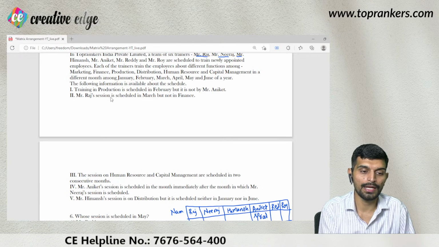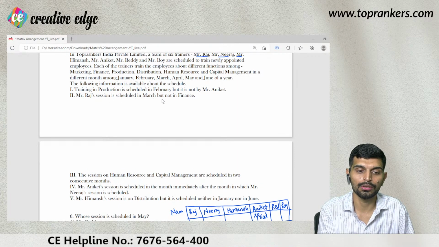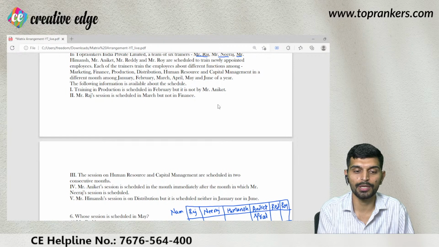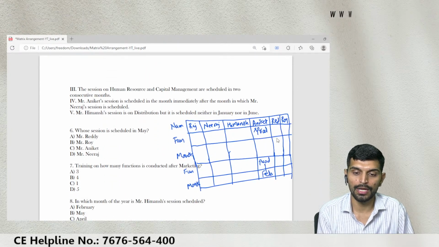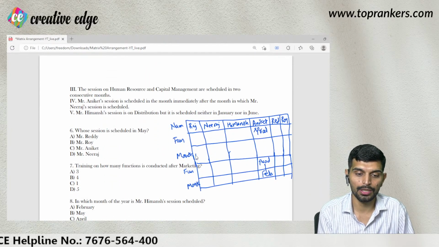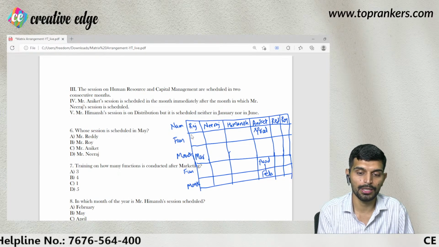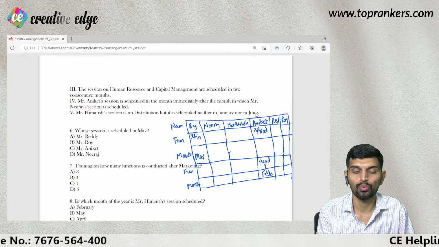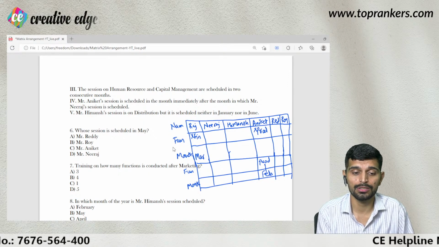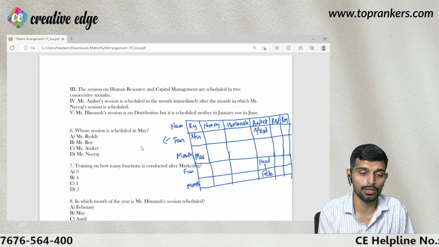Second clue is Raj's session is scheduled in March but not in finance. So Raj is taking a session in March, but he is not taking a session in finance, right? One point here we have missed is functions. We should note it down.